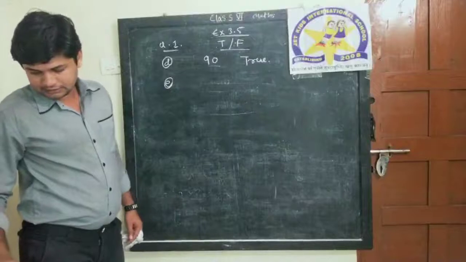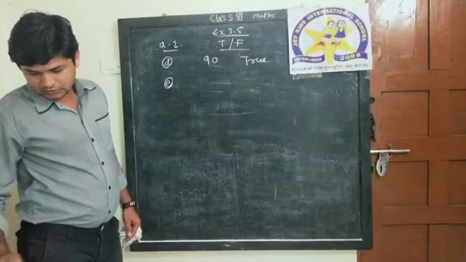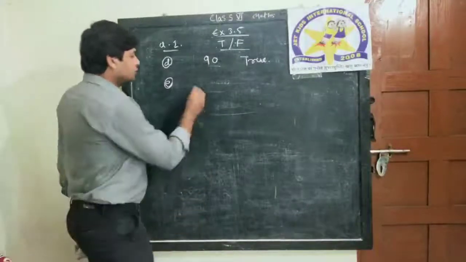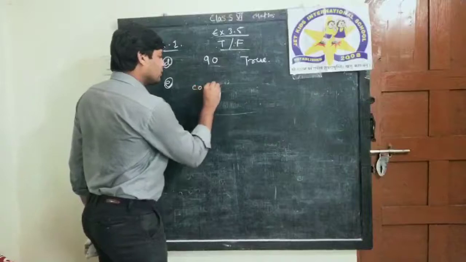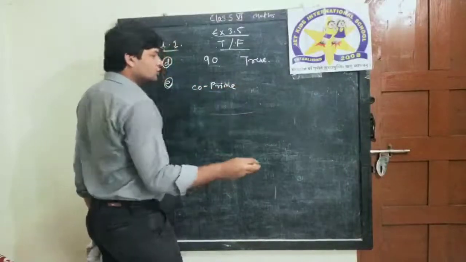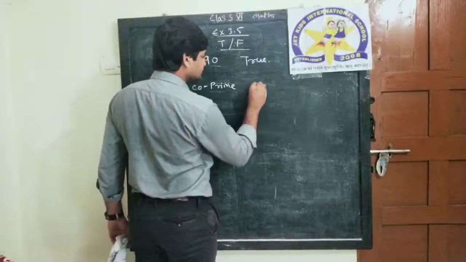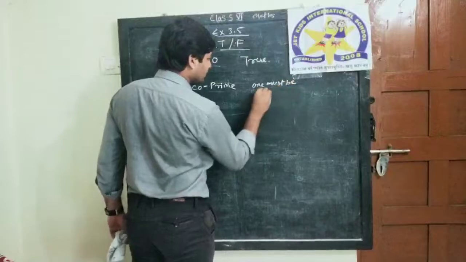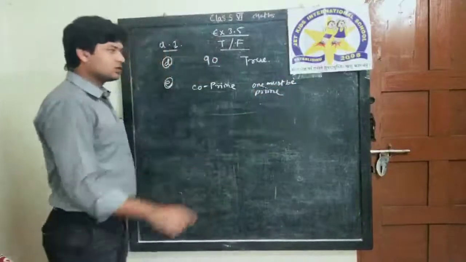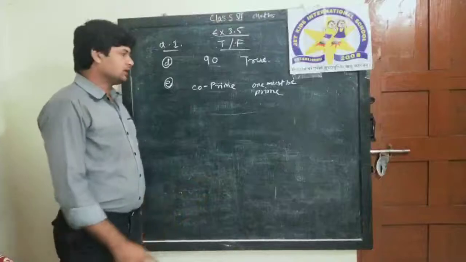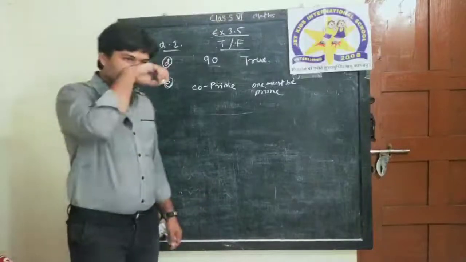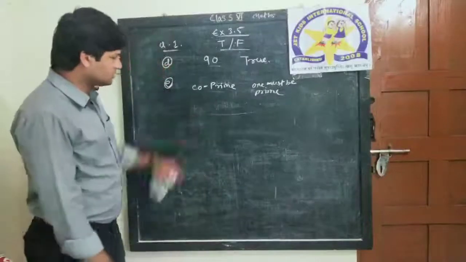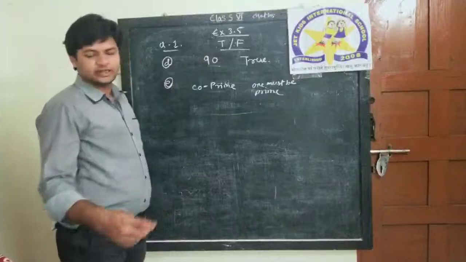Okay. The next is E. And E is, if two numbers are co-prime, at least one of them must be prime. If two numbers are co-prime, okay, so one must be prime, right? This is a condition. Yes or no? You know very well what is meant by co-prime numbers. Co-prime numbers are those numbers which have only one common factor. But this statement is false. How can you show it?